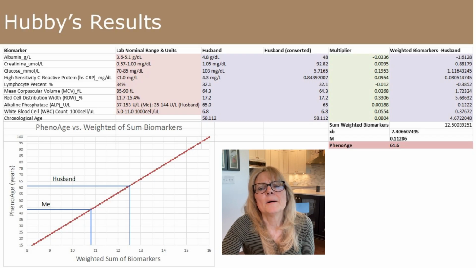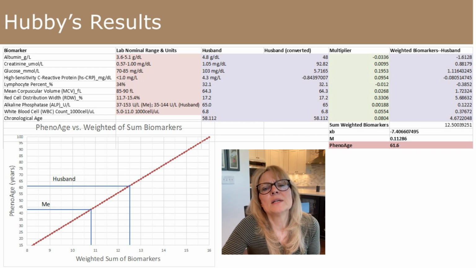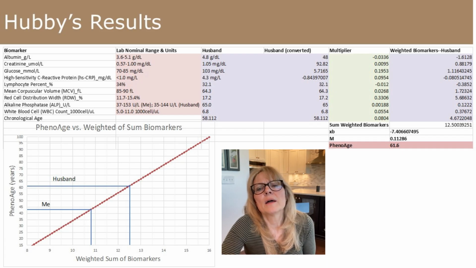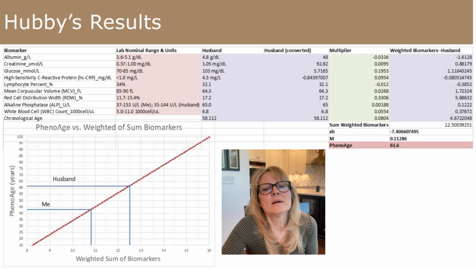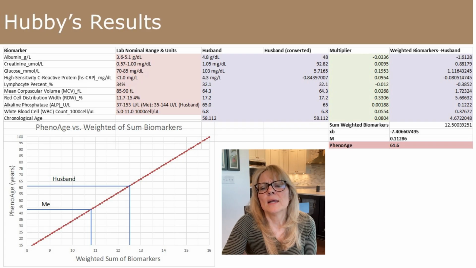The main biomarkers that I think pushed him higher was his glucose, which is 103 milligrams per deciliter, his C-reactive protein, his inflammation marker, was a lot higher than mine, and some of his red blood cell numbers are a little out of whack. So anyways, I think that accounts for his score.